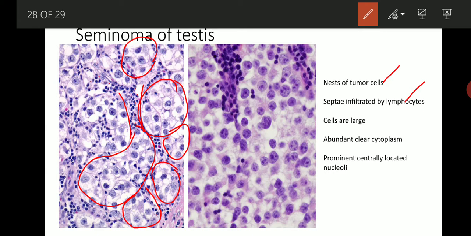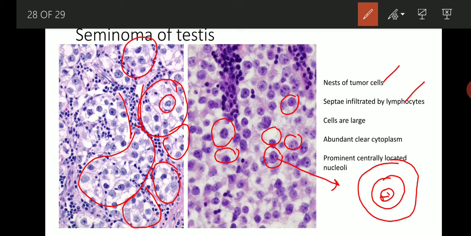If you look at individual cells, the cells are round, they are large, they have abundant clear cytoplasm. The emptiness around the nucleus is basically due to a clear cytoplasm. The cytoplasm is clear because it contains glycogen, which does not take up the stain. The nucleus is centrally placed, and the nucleus has a centrally placed nucleolus.